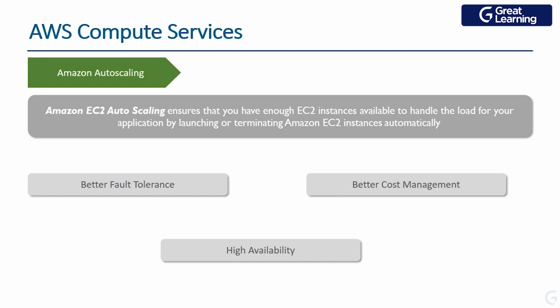You can ensure that your EC2 instances are always available to handle a particular set of load. If you know that the load on a particular instance is going to increase, you can always set it up for auto scaling. When the traffic increases, they scale up to ensure that the functioning is smooth and in place.